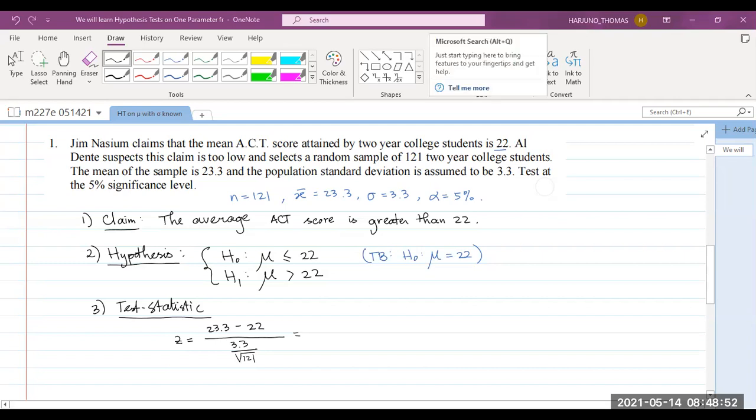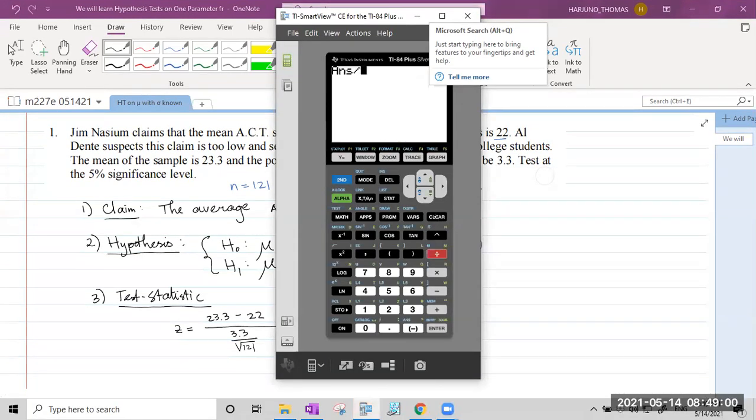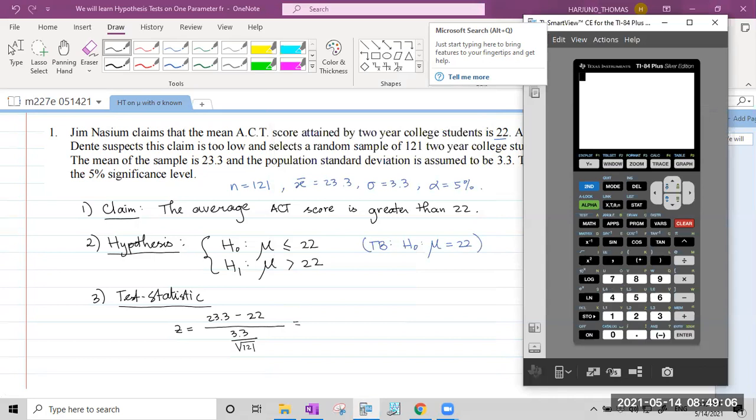I do not recommend you punch all numbers at once. Let me show you first what happens if I punch all those numbers at once. Then you need to use parentheses on the top for the numerator and denominator. On the numerator, parentheses, 23.3 minus 22, close parentheses. That's for the numerator.